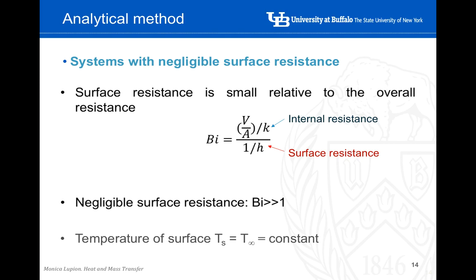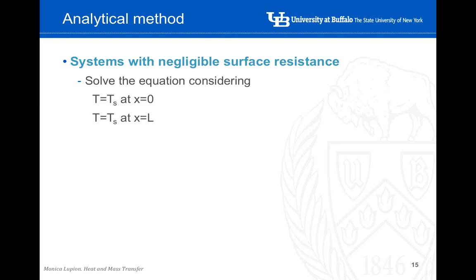If we consider that there is no resistance over the surface, the ideal case, then we can assume that the temperature of the surface, Ts, is equal to T infinity, and that's constant over time. So when it comes to solving the equation, it's much easier because we can simplify, having the temperature constant with time.